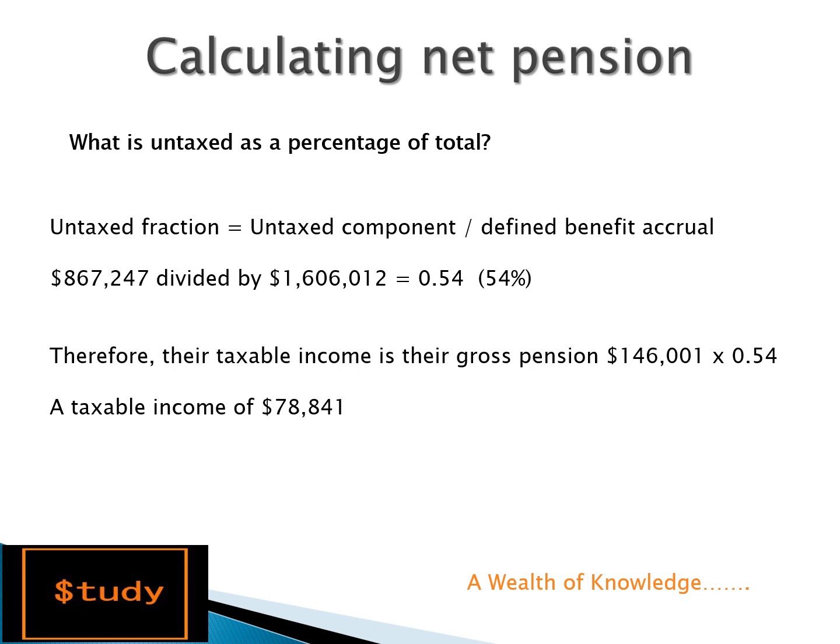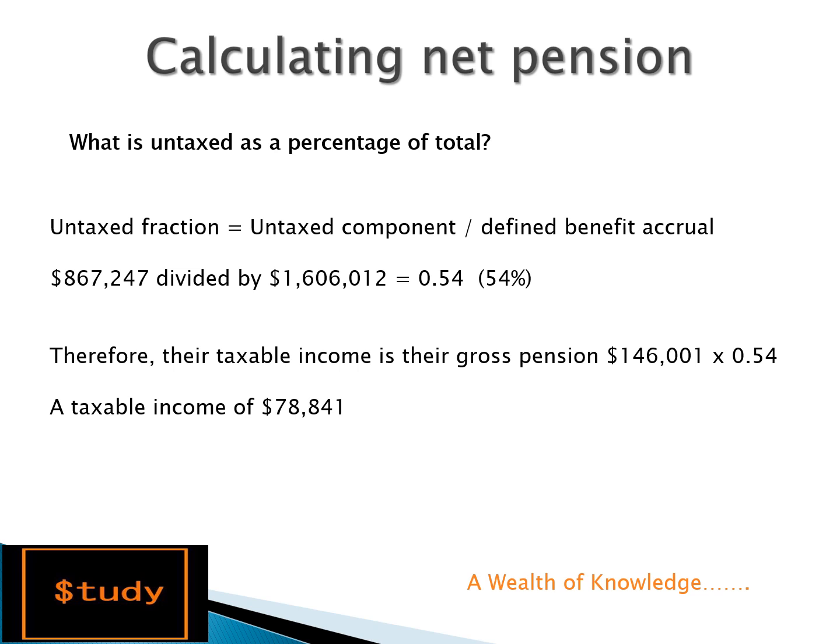So they've got an untaxed component of $867,247. Their defined benefit amount is $1,606,012. Therefore, to find the percentage, we literally just divide one by the other, and this person's untaxed component works out to be 54%.